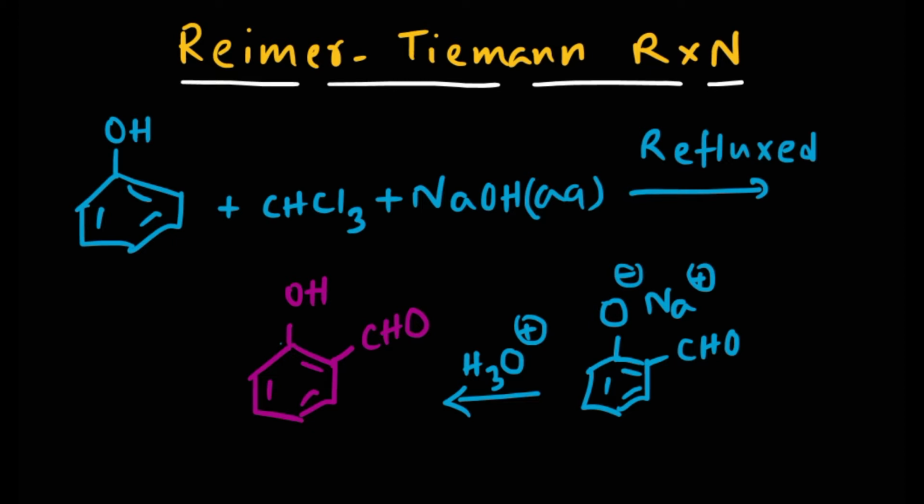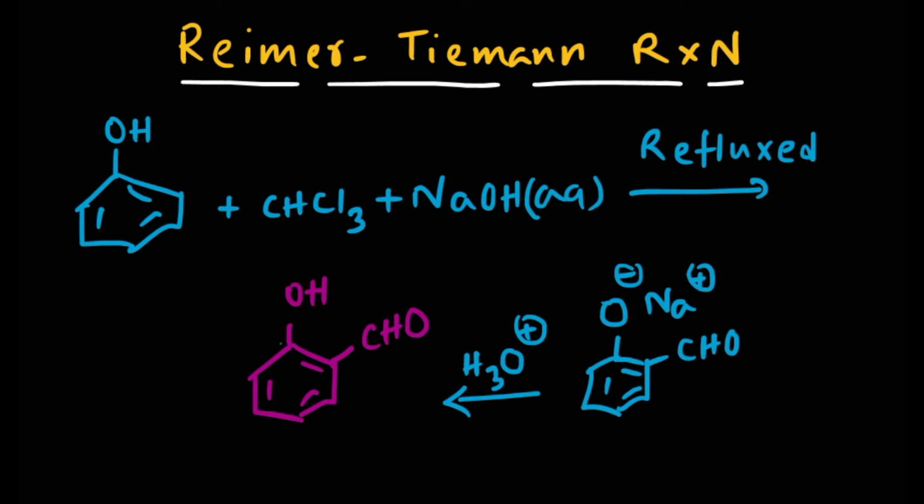So here you can see phenol is acidic, because of the aromatic property of the benzene ring, there is conjugation, so the O negative charge, I mean the phenoxide ion, is stabilized due to the conjugation in this ring.